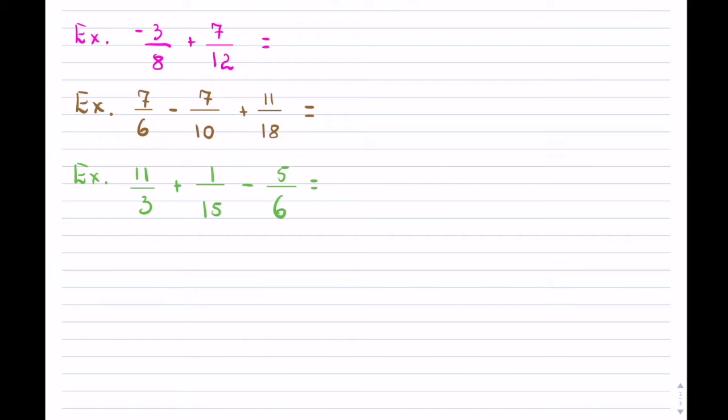However, you don't always see it right away. If you do, great, but it would be nice to know some systematic way of finding the lowest common denominator, the smallest denominator that both of these go into.